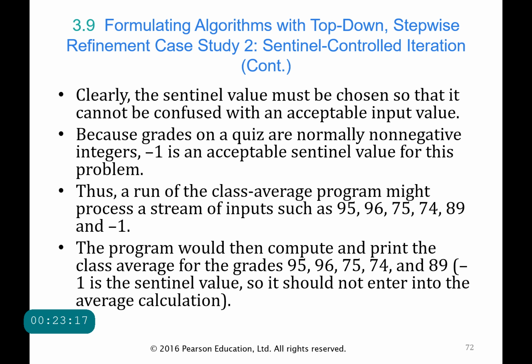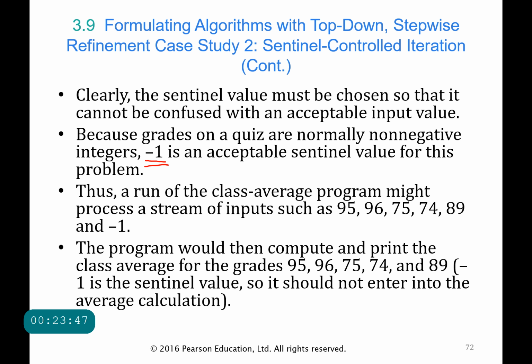Okay. So in this case, we're going to be using a sentinel value of -1. So as long as our sentinel value is not -1, our loop will keep repeating, and when it becomes -1, our while statement will terminate. Okay.